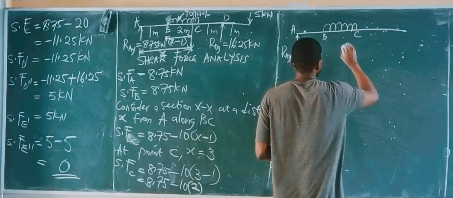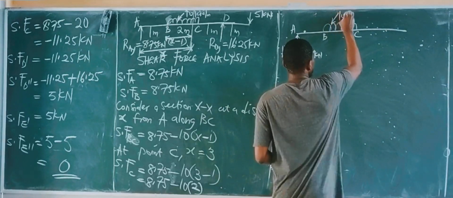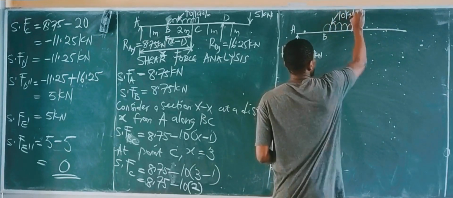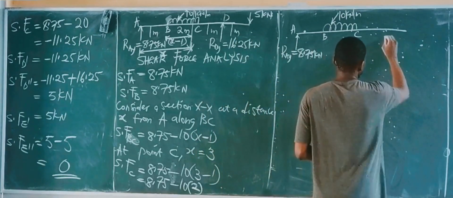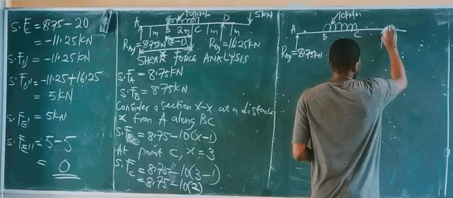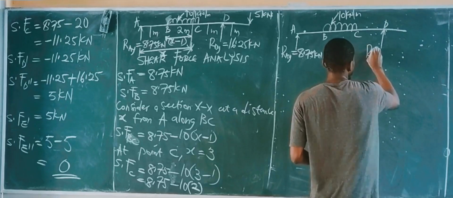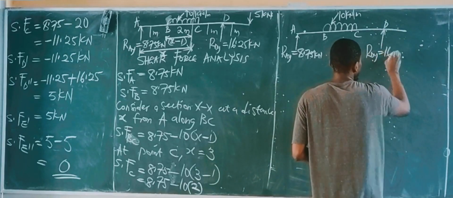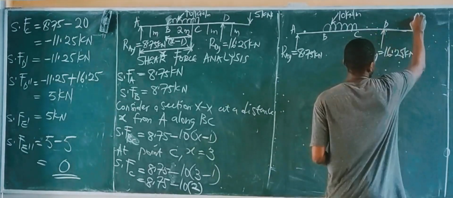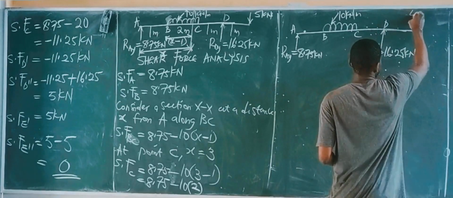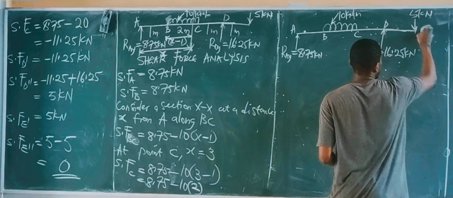Between B and C, intensity is 10 kilonewtons per meter. At point D, we have RDY 16.25. Then finally at point E, we have 5 kilonewtons.